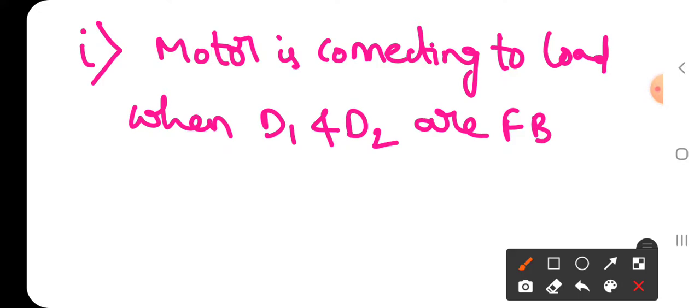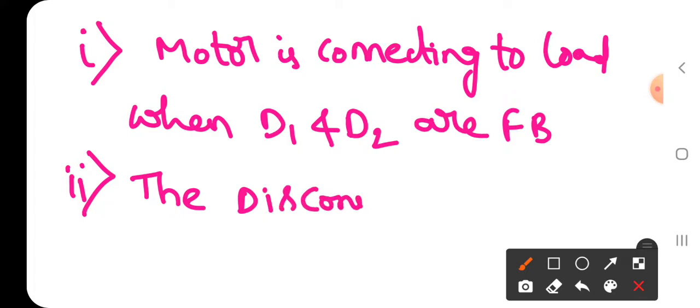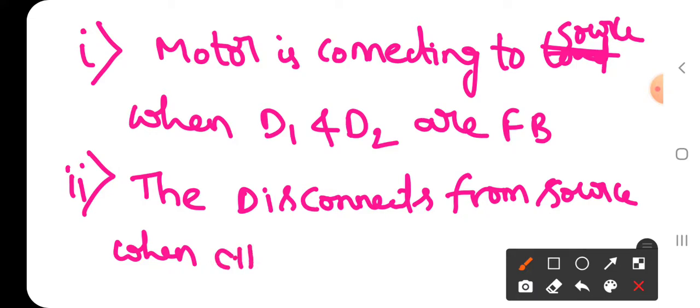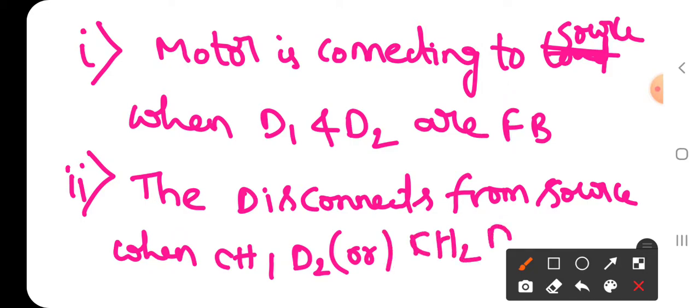Next, the motor disconnects from the source when CH1 and D2, or CH2 and D1, are on.